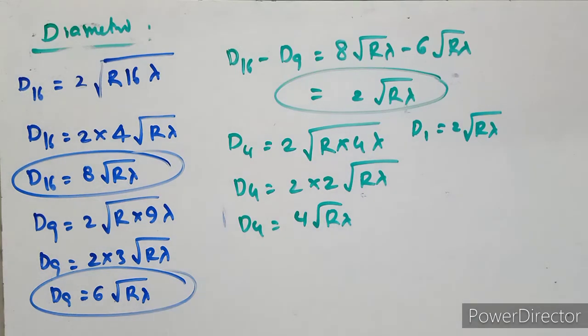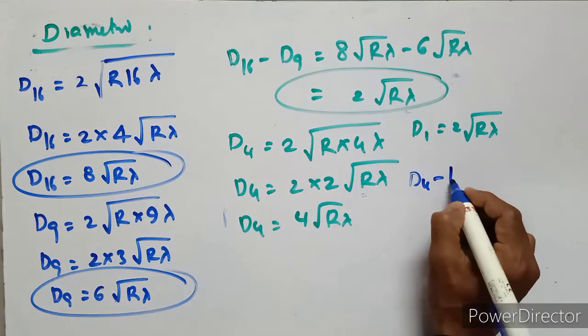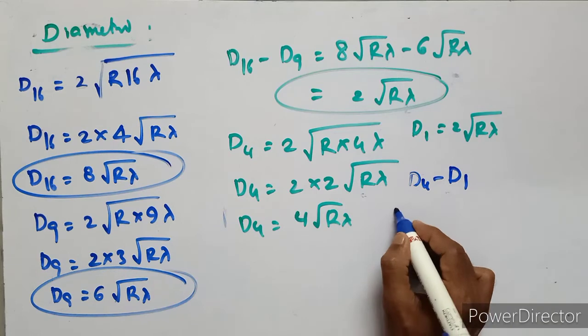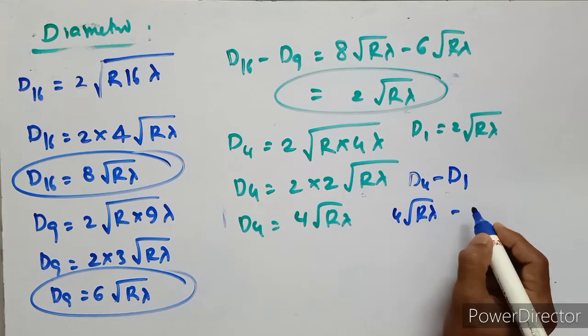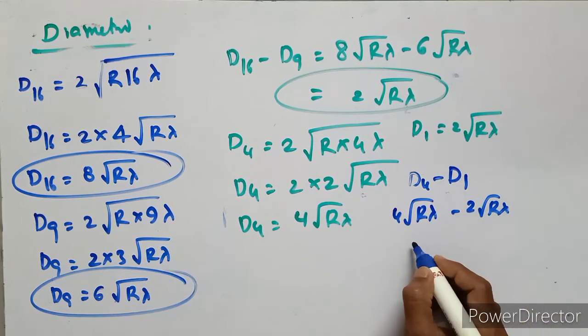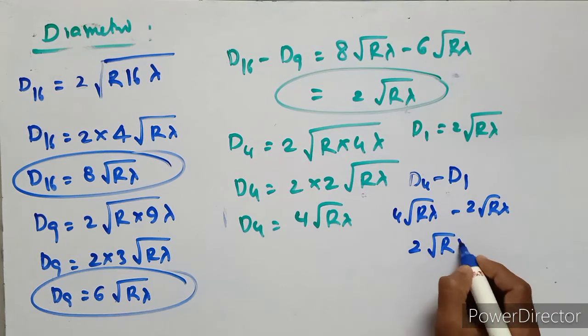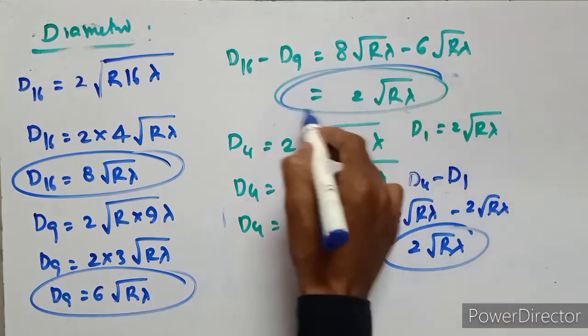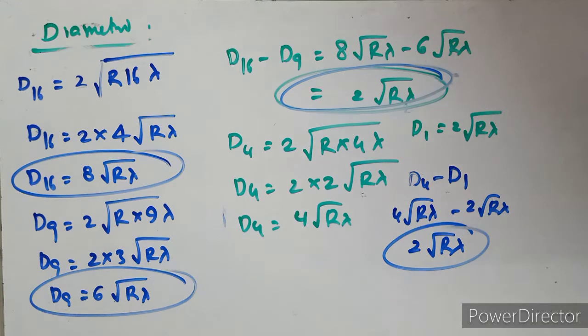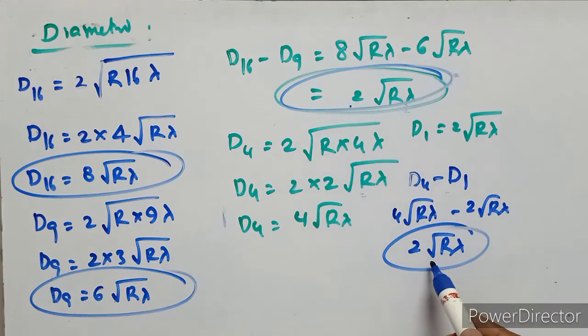The spacing between D4 and D1 is 4√(Rλ) minus 2√(Rλ) = 2√(Rλ). This value equals the previous value. The spacing between any two consecutive alternate rings is 2√(Rλ).